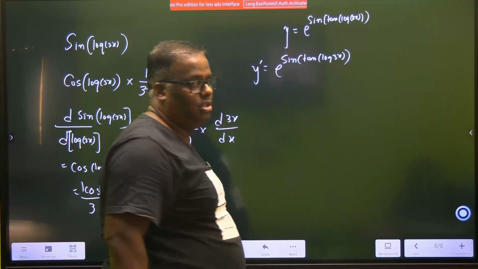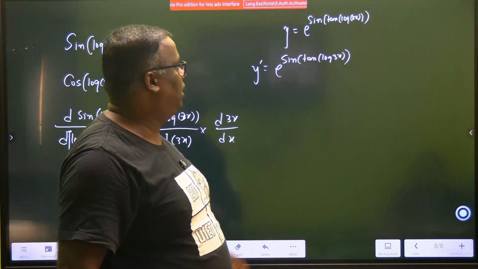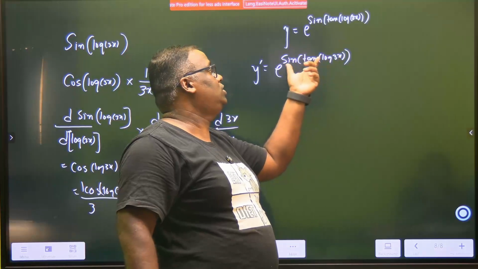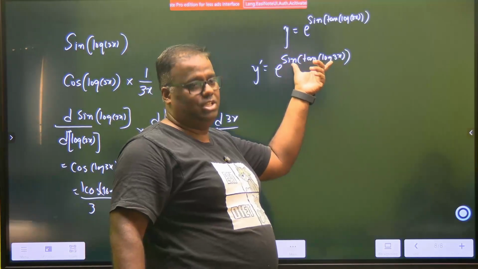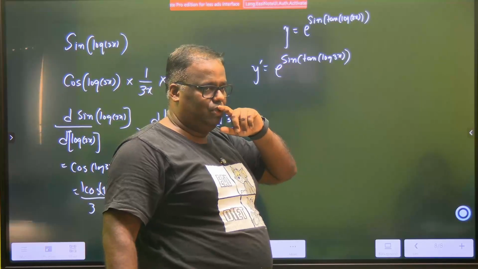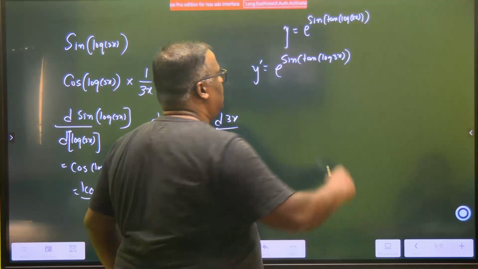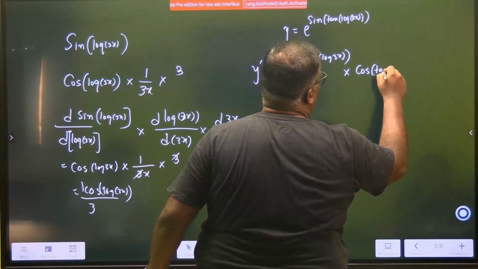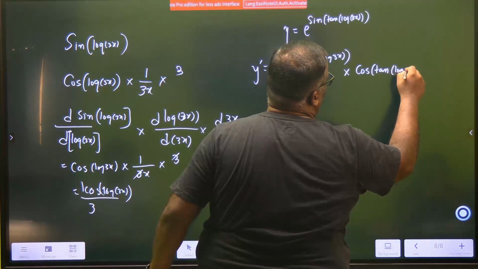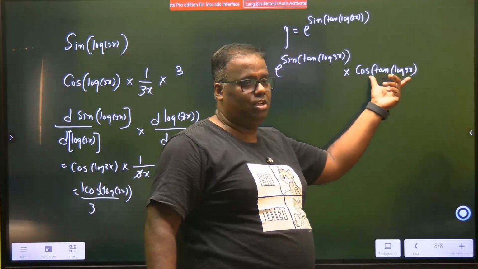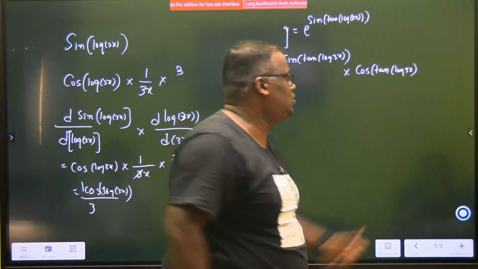Fine. Now go ahead. What was the dog for this function? Sine of this. So if you differentiate a sine function, it should give you a cos function. So this thing multiplied by cos of tan of log 3x. Fine. For this function, what was the dog? Tan of so and so was dog.